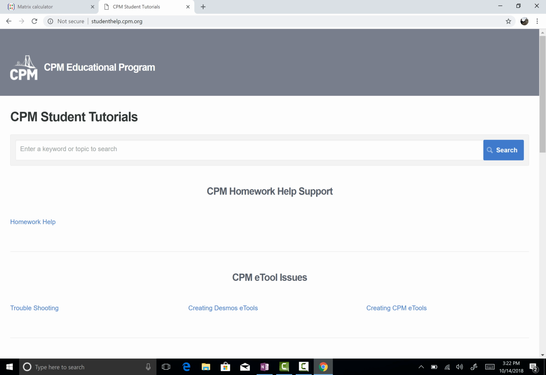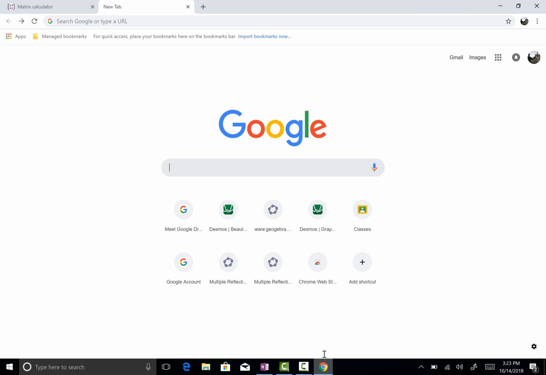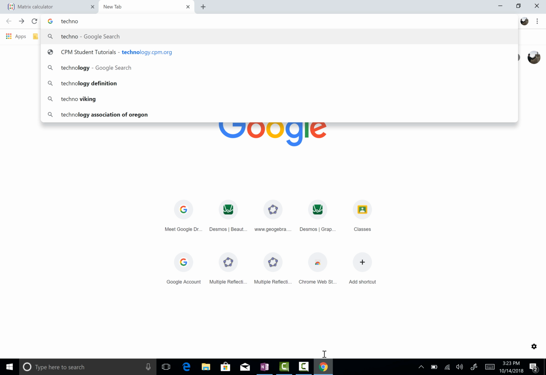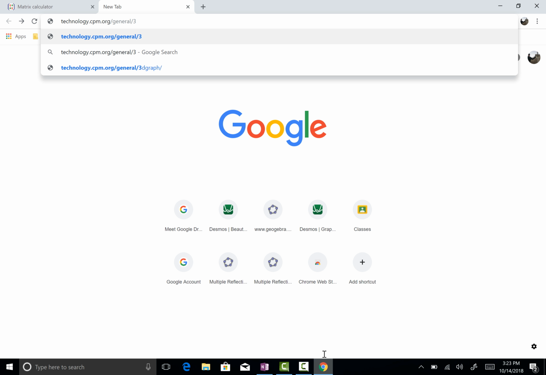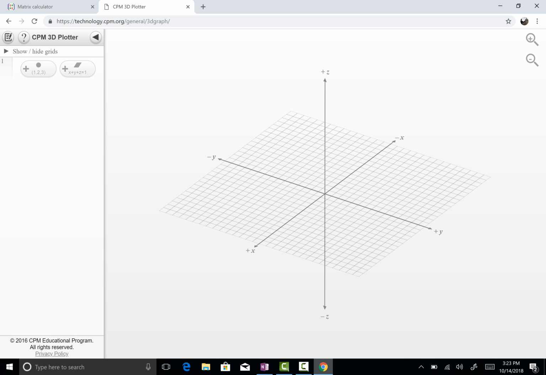Maybe I should back up a little bit. Let's go with technology.cpm.org/general/3Dgraph. Let's see what that does. Okay, so there it is.